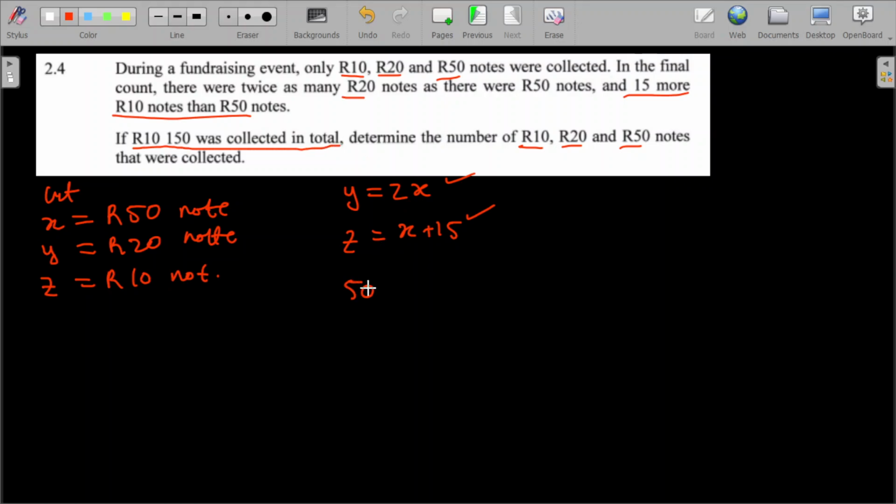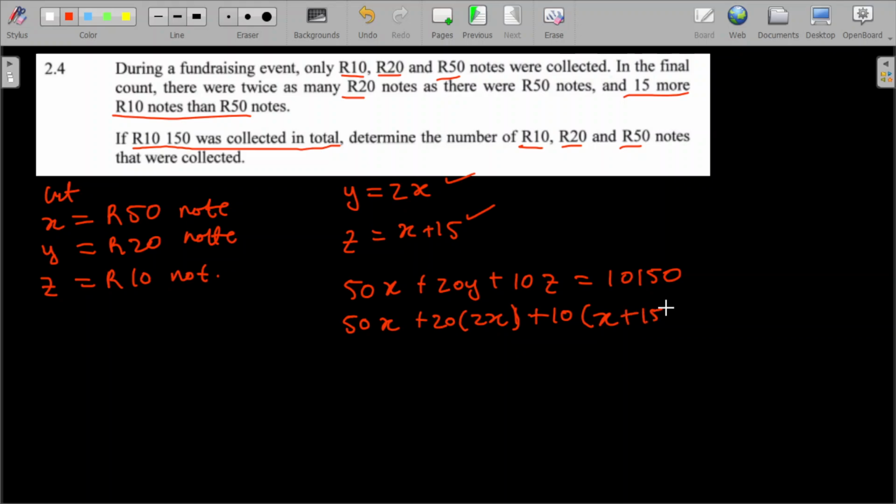So I can say 50x plus 20y plus 10z, in total we are having 10,150. Now remember, whenever I see y, I know it is equal to 2x, and the moment I see z, I know that is equal to x plus 15, based on the equations I formed from the statements. So I keep 50x and then plus 20 times y, which is 2x in brackets, and then plus 10 times z, which is x plus 15, and this is equal to my total 10,150.